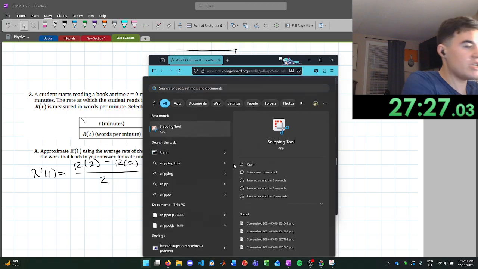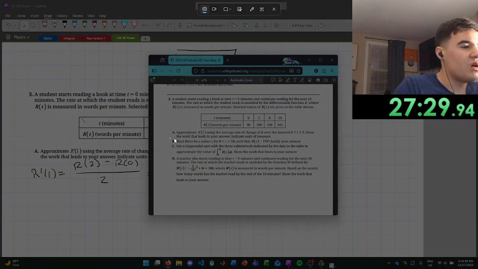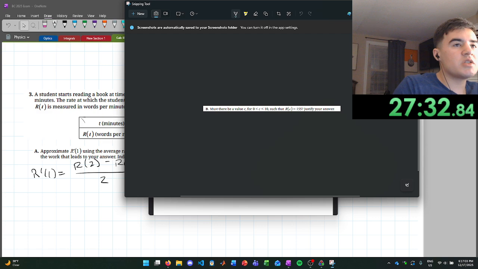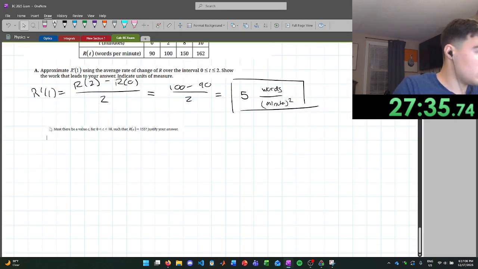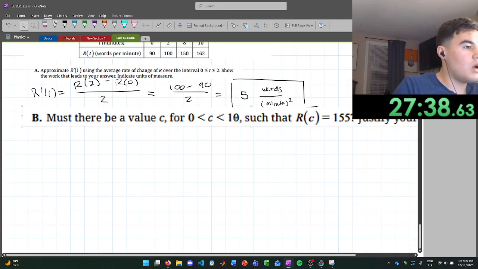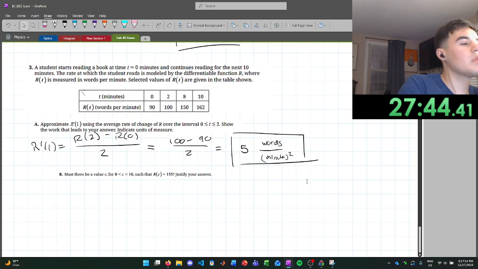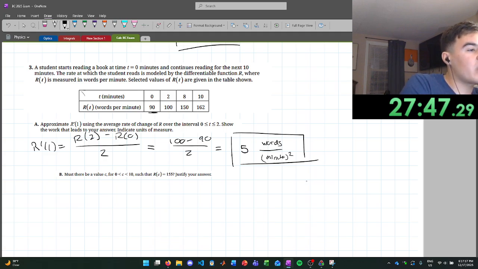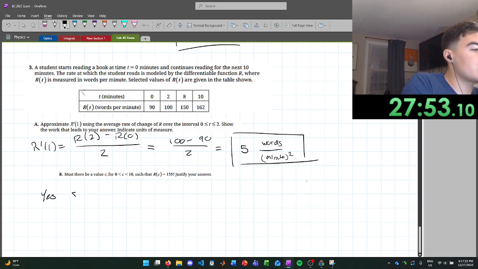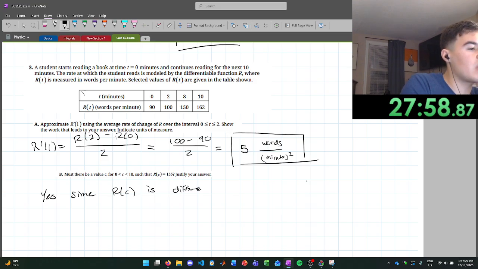Cool. Next question. These are going to be way easier because I don't have to use a calculator. Must there be a value c such that r of c is equal to 155? So between 0 and 10, we go from 90 to 150 to 162. So yes, that's true, since r of t is differentiable, it is continuous.